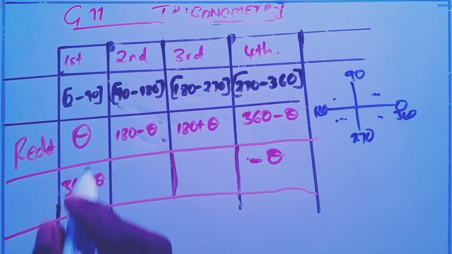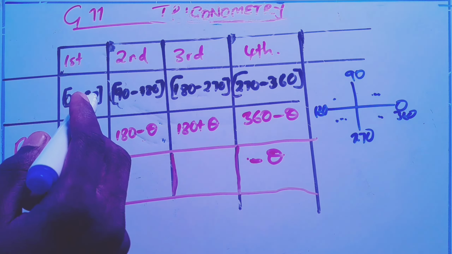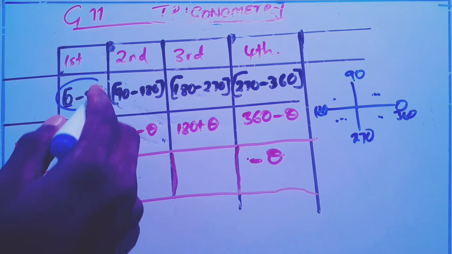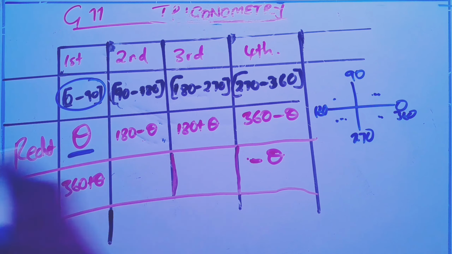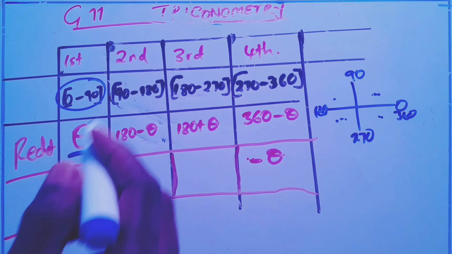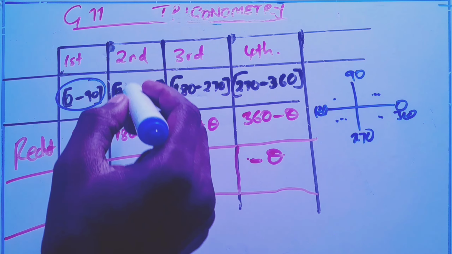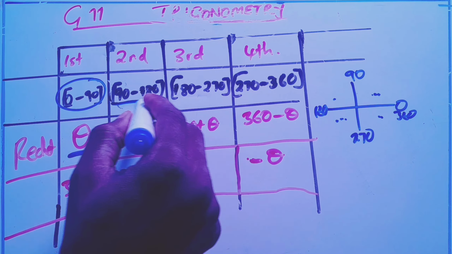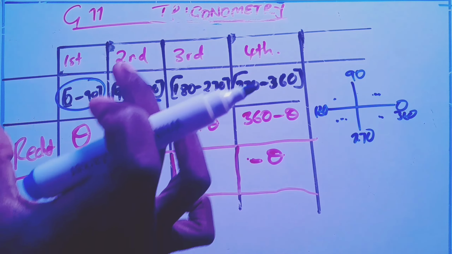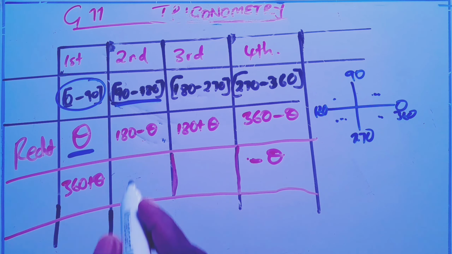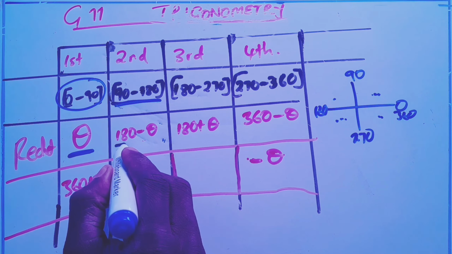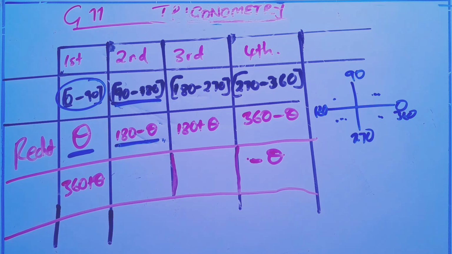So now, in this situation, any angle that is from 0 to 90 falls in the first quadrant. So our reduction formula that we're going to use is just theta, right? In the second quadrant, our angles run from 90 to 180. So any angle between 90 and 180 falls in the second quadrant, so we just use the reduction formula 180 minus theta.